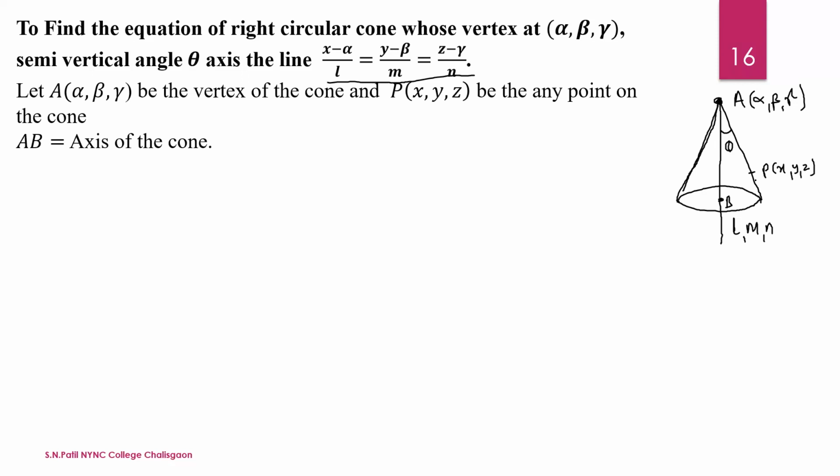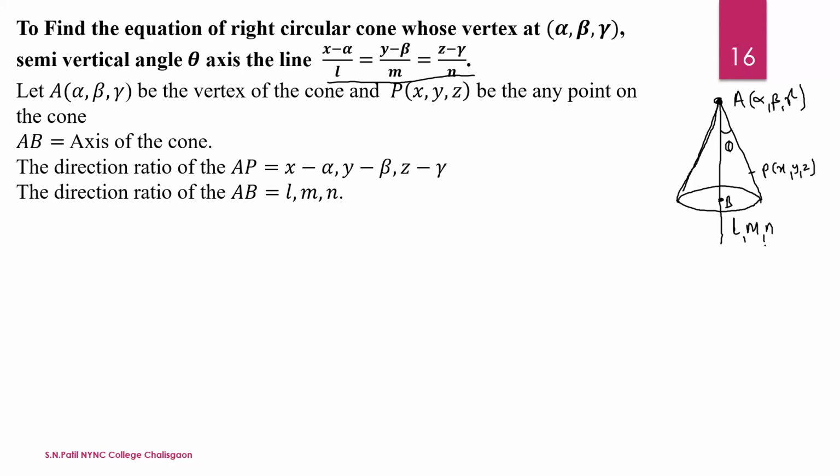Now the DRs of AP, meaning the direction ratios of AP, are x minus alpha, y minus beta and z minus gamma, and the DRs of the axis are L, M, N. Theta is the angle between the axis and the generator AP.